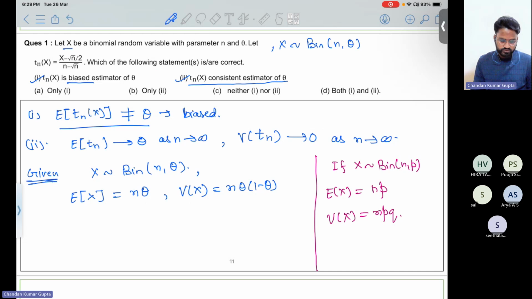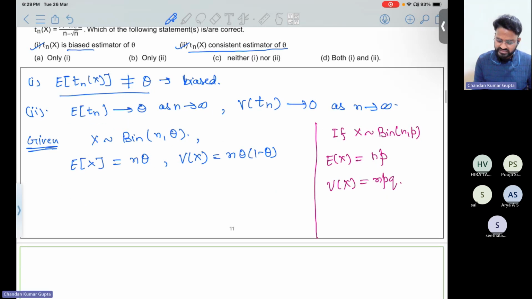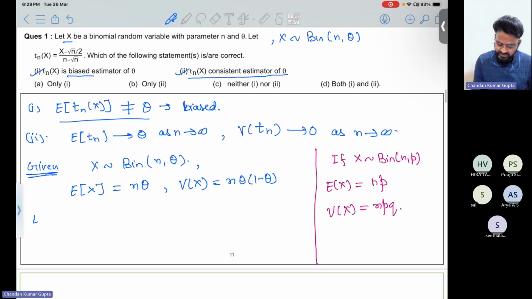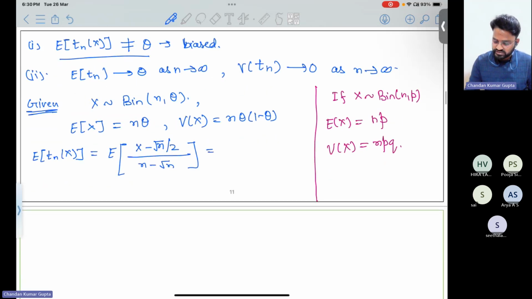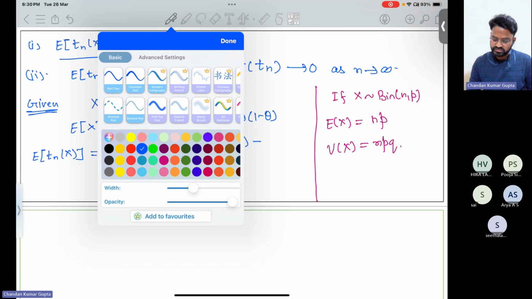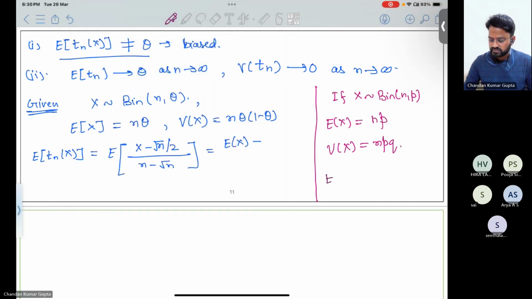Now we take the expected value of Tn, that is the expected value of (X minus root n upon 2) whole divided by (n minus root n). Now the expectation is taken inside: expected value of X minus the expectation of a constant.